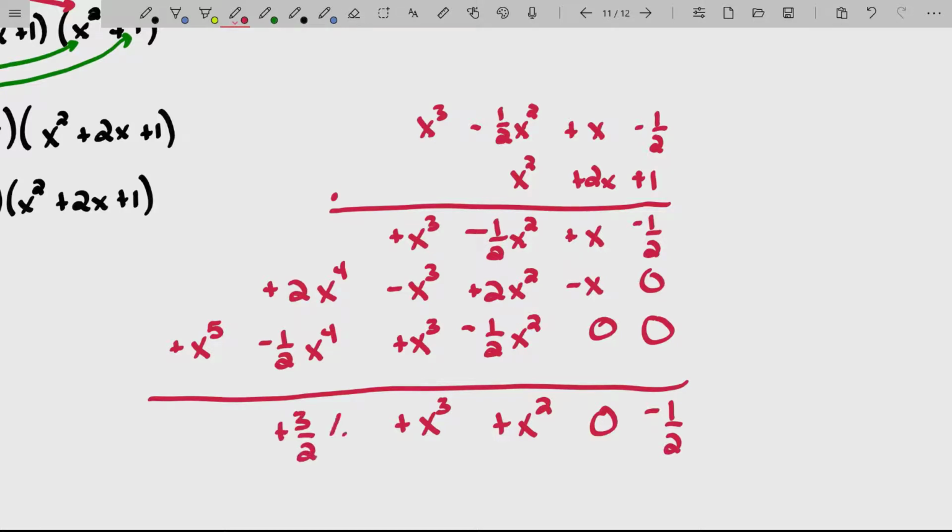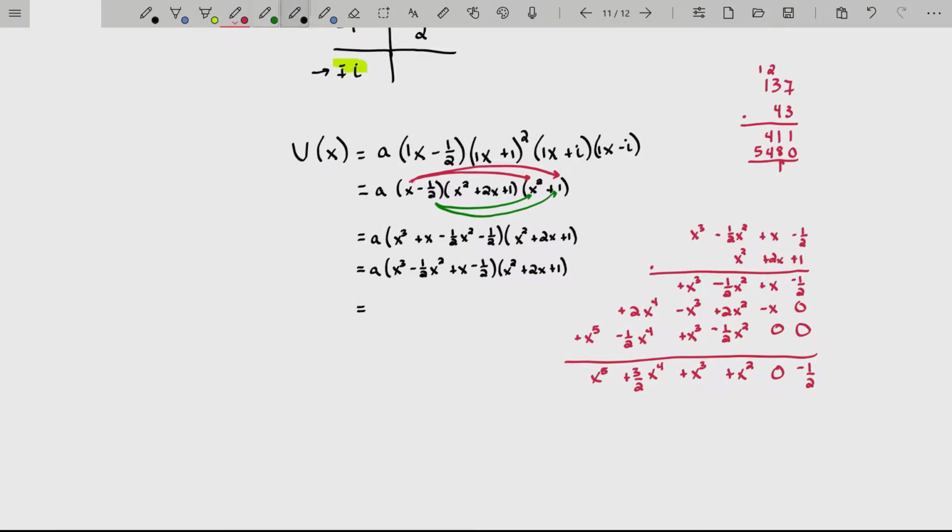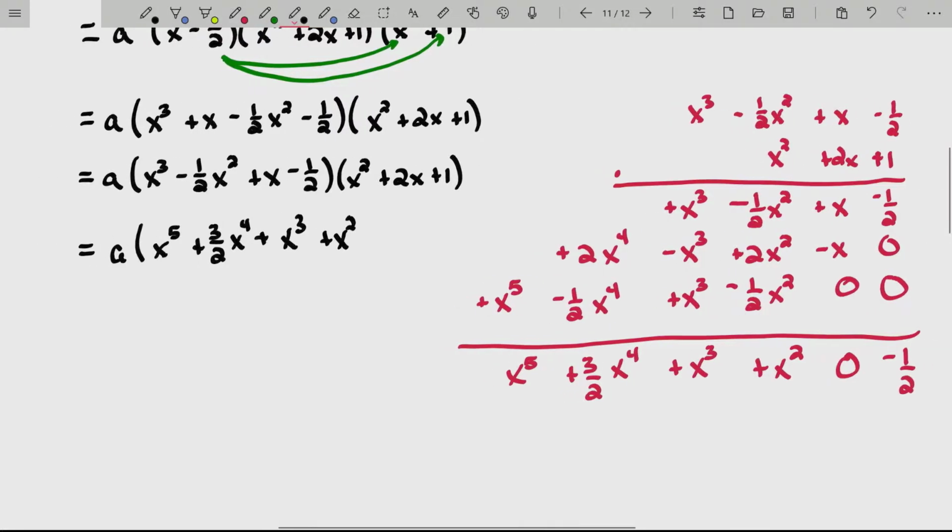This is a positive 3/2 x to the 4th, and finally we have x to the 5th. So that's a kind of a cool way to multiply things out and keep it clean. And you'd write x to the 5th plus 3/2 x to the 4th plus x to the 3rd plus x squared, and finally minus 1/2.